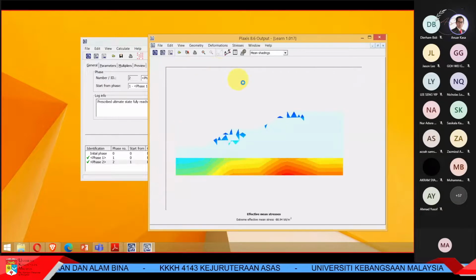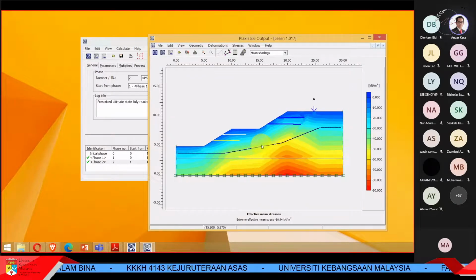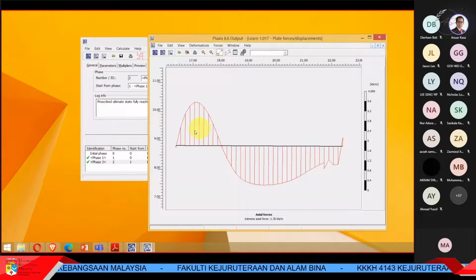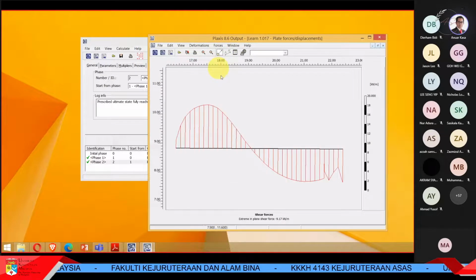Okay. If we want to know what happened to this reinforcement, we can double click it. The same thing, it shows us the bending moment of that reinforcement. And we can also see the axial force, how much. This is axial force, shear force, and so on.